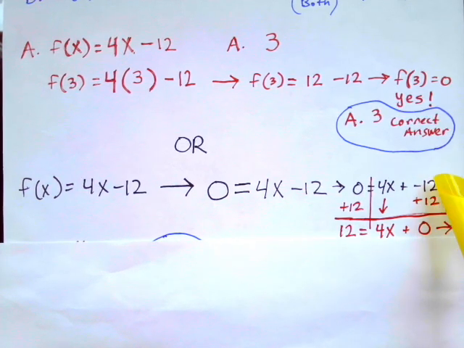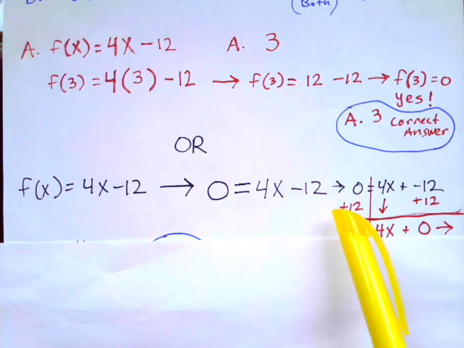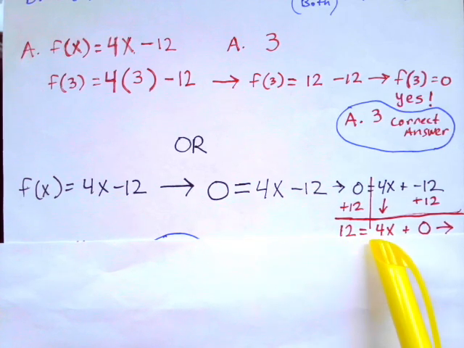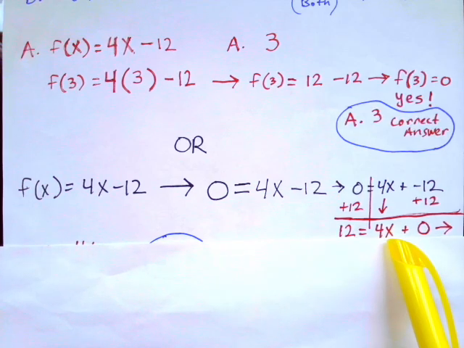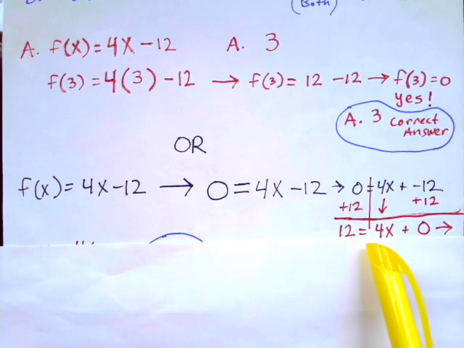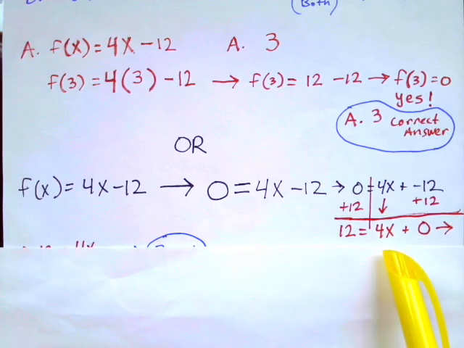Negative 12 plus a positive 12 is 0. What I do to the right side of the equal sign, I've got to do to the left side. 0 plus 12 is 12. Now I'm left with 12 equals 4 times x. I want to get x all by itself. I do the inverse operation of what it's showing me. 4 times x is what's showing me. What's the opposite of multiplying?